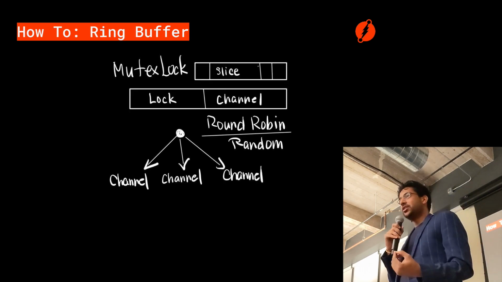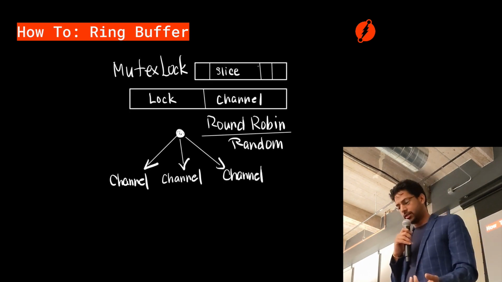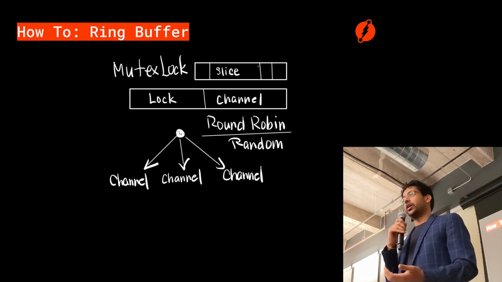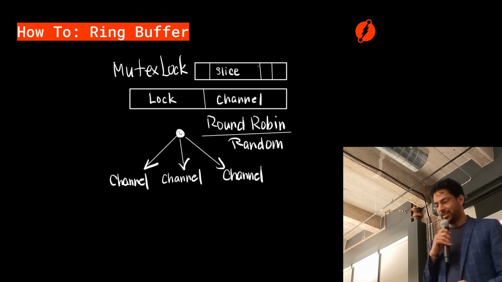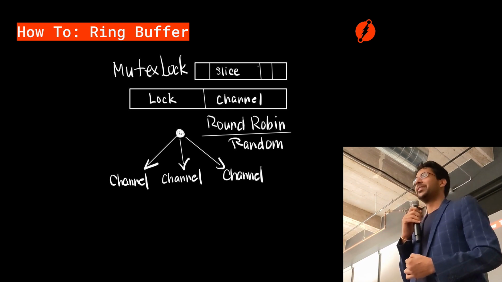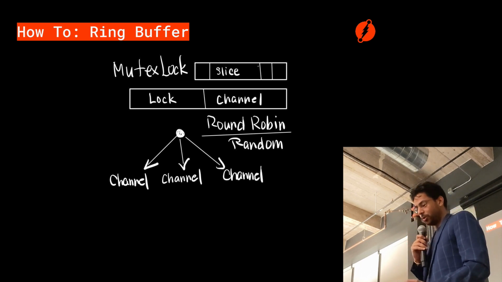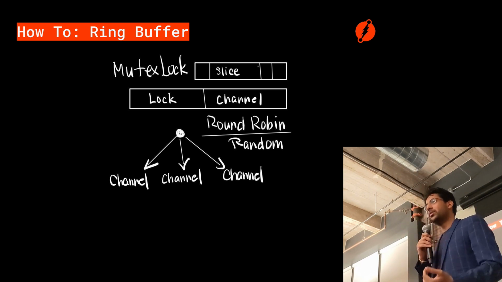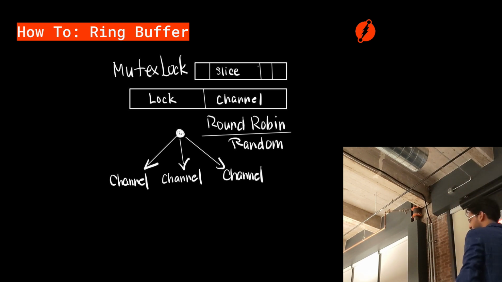Now this batching system assumes that you must have a ring buffer which is fast and would not need a lock itself, right? Now, in Java, they have thread local storage. In Go, you don't. So there are multiple ways to skin that cat, right? One is to use a slice with a mutex lock in front of it to act like a ring buffer.